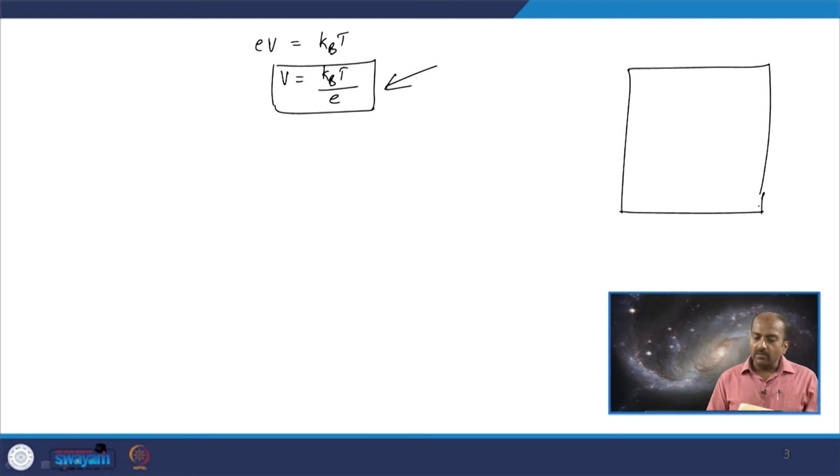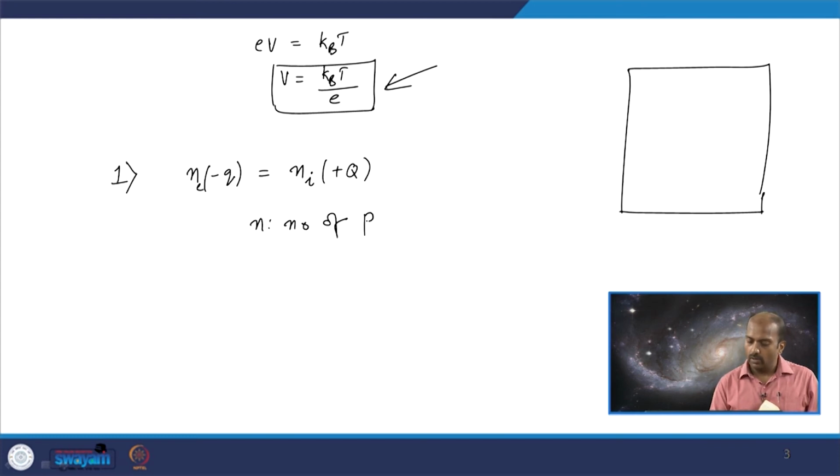Let us say the plasma is neutral, in the sense that the number of negatively charged particles is equal to the number of positively charged particles, Ne equals Ni, where N is the number of particles per unit volume.